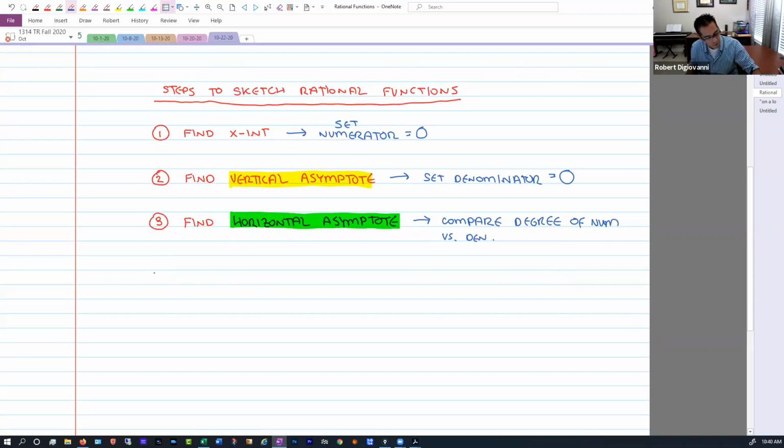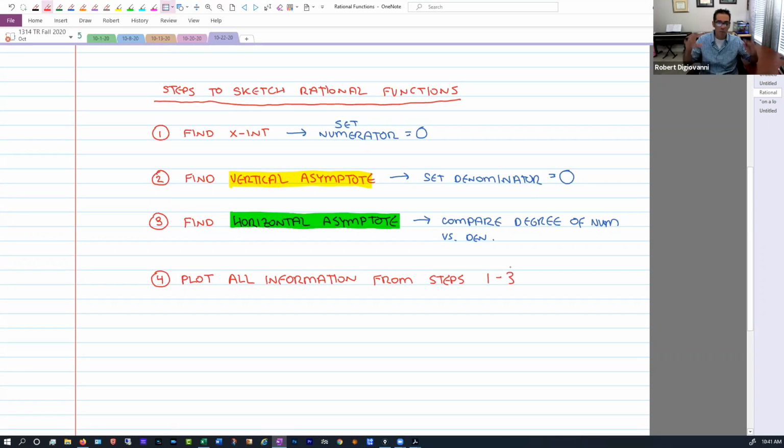The next thing we do is we plot all the information we have from steps 1 through 3.